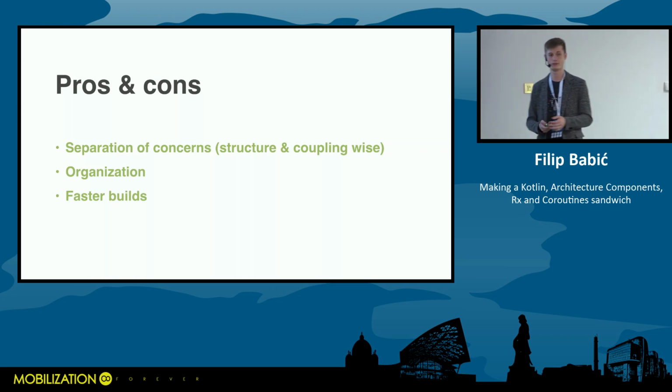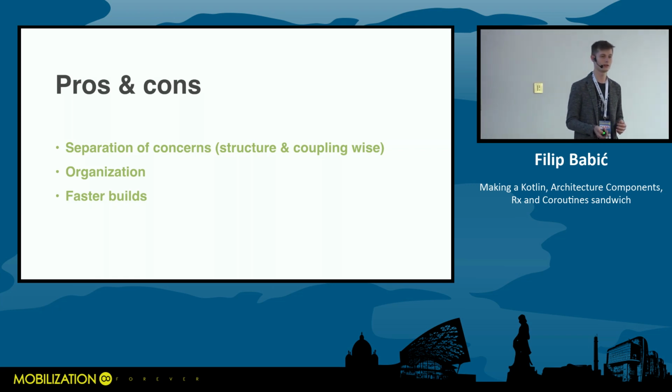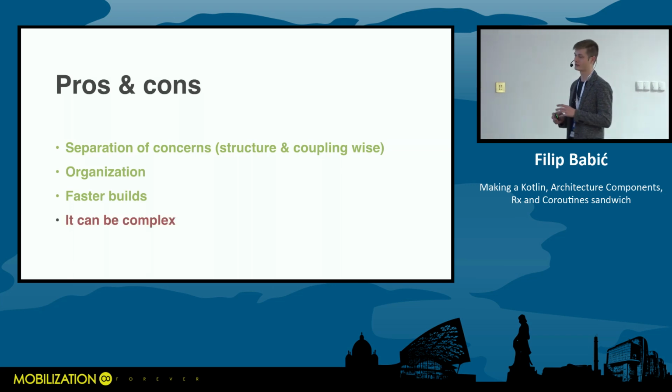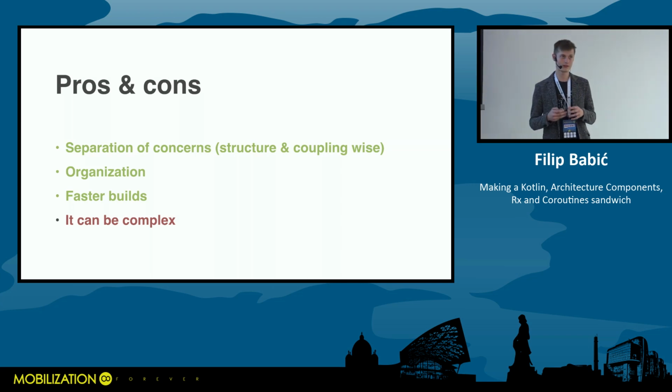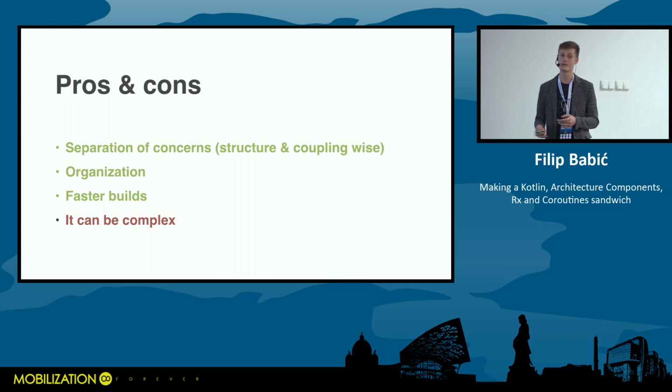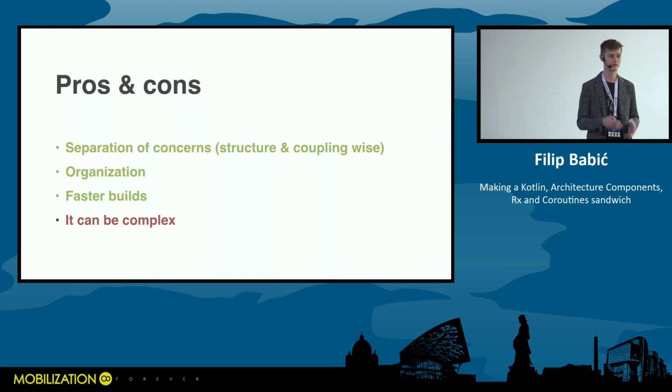Of course, faster builds, because every single module has its own Gradle script, which compiles only a tiny bit of code. But it can be a bit complex. So you have to think about modules in advance. For example, when I first started off doing this, I had one single core module which had everything base, but it also had base activities and base fragments, so Android specific code.